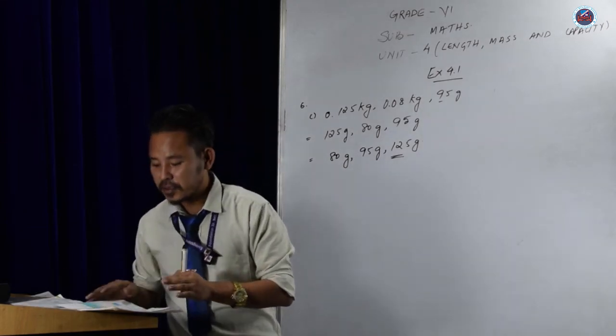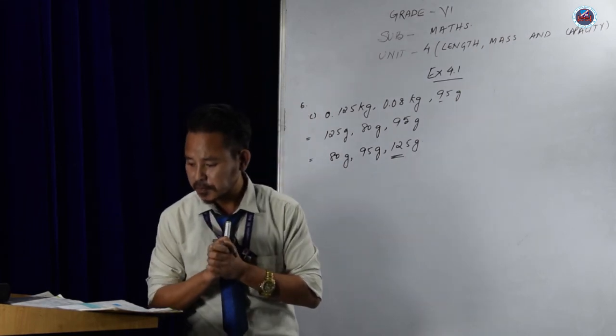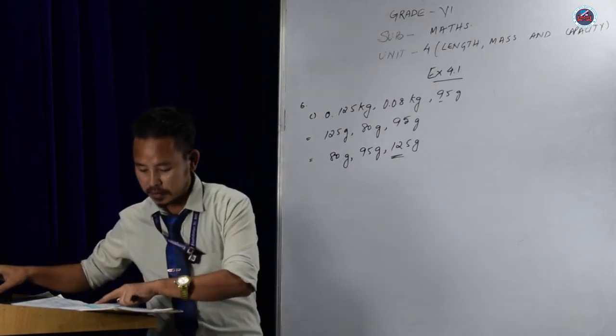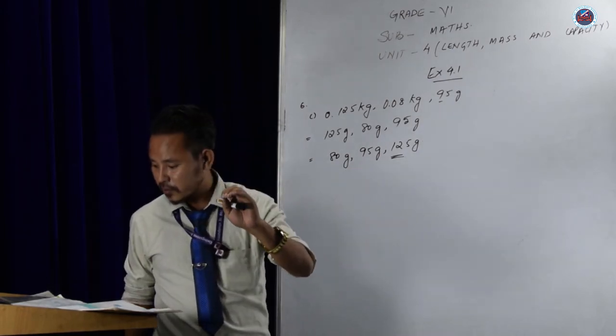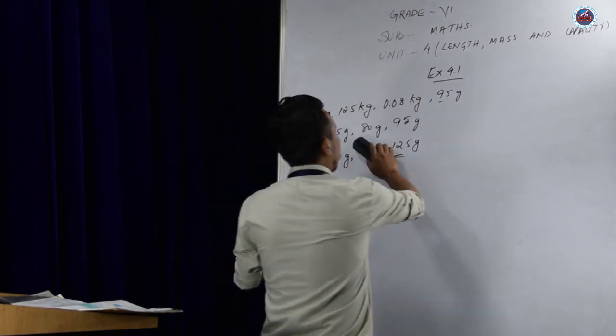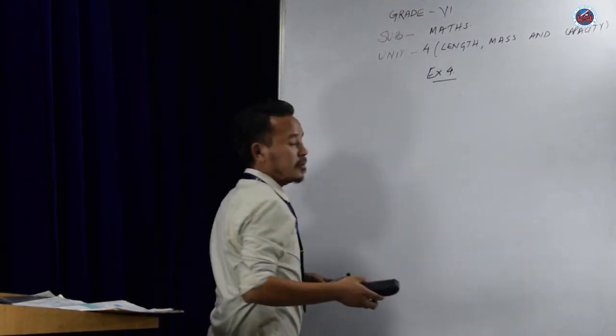Now, moving on to 4.3, that is reading scales. From exercise 4.3, I'll be doing a few sums. Kindly bear with me.